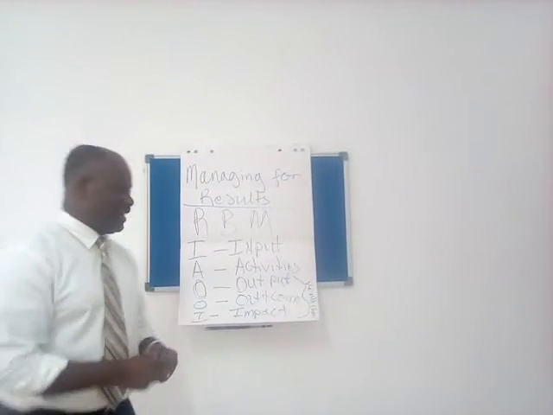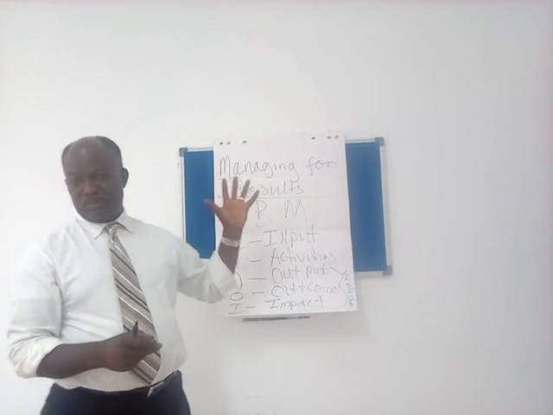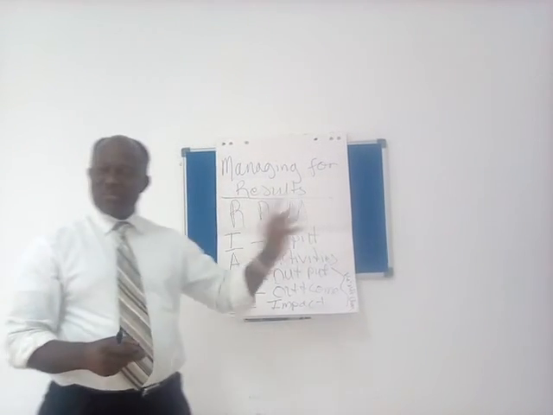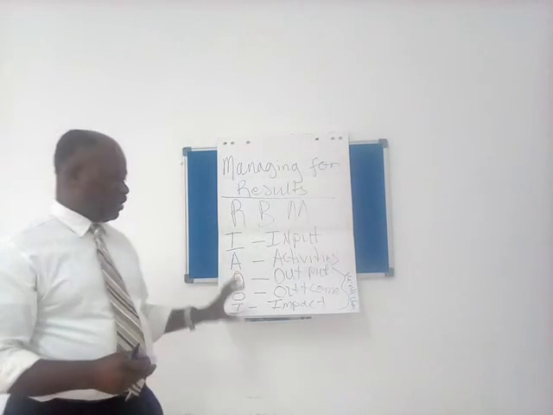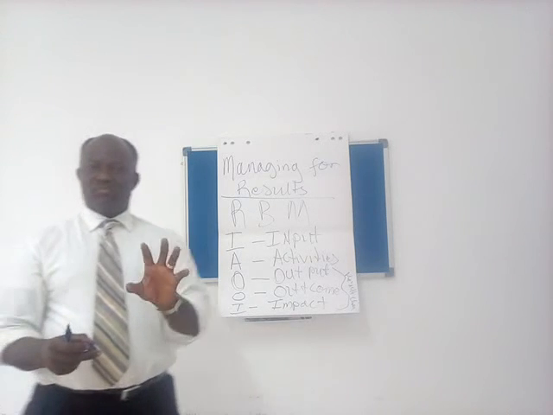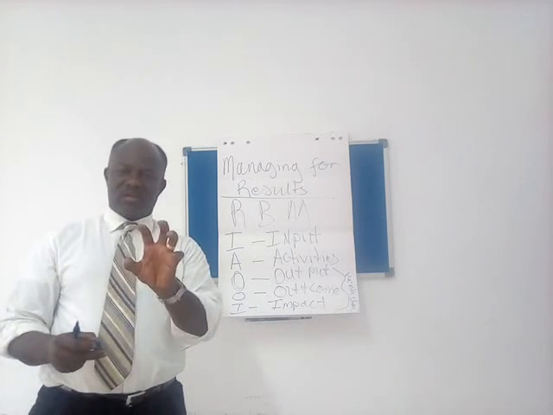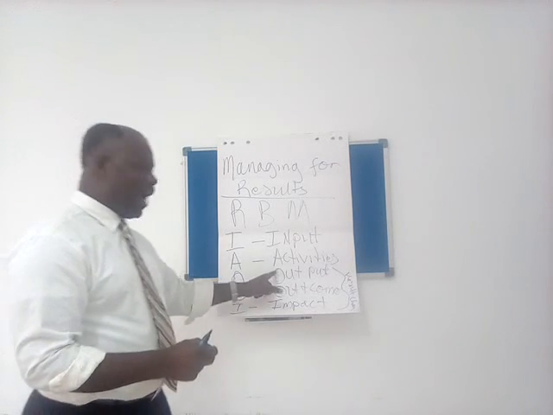Take this training for an example. We are now discussing RBM. You are putting your time to listen to these discussions. I'm trying to carry out some activities of training, giving the topics. Now, your first level of results under this discussion will be the output.